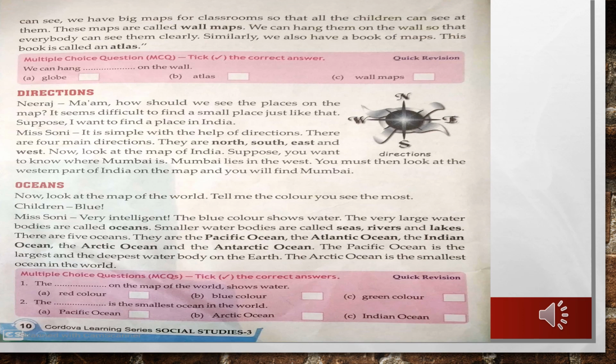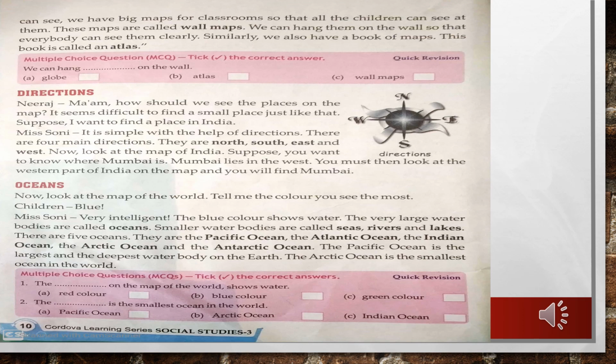Directions. Neeraj: Ma'am, how should we see the places on the map? It seems difficult to find a place just like that. Suppose I want to find a place in India. Miss Soni: It is simple with the help of directions. There are 4 main directions.